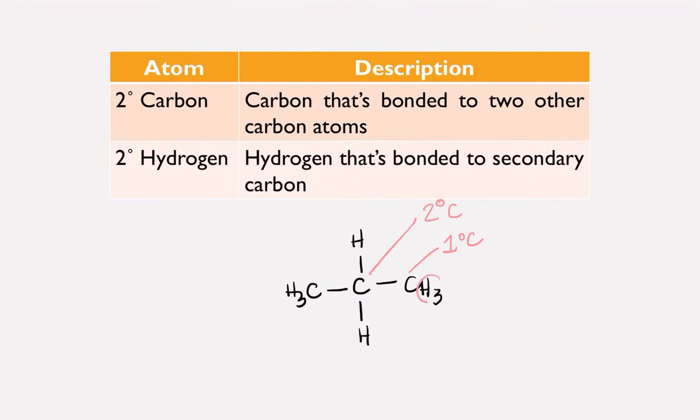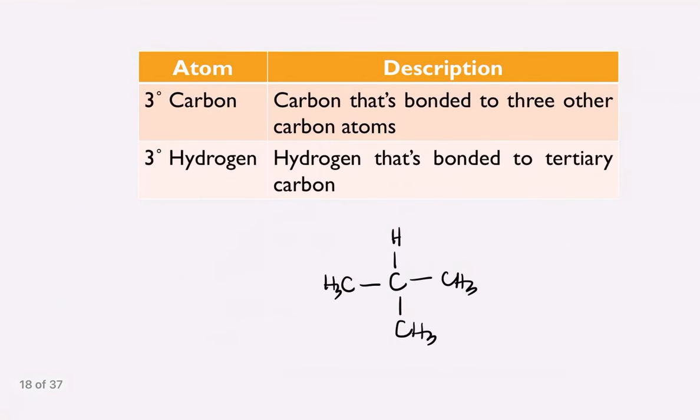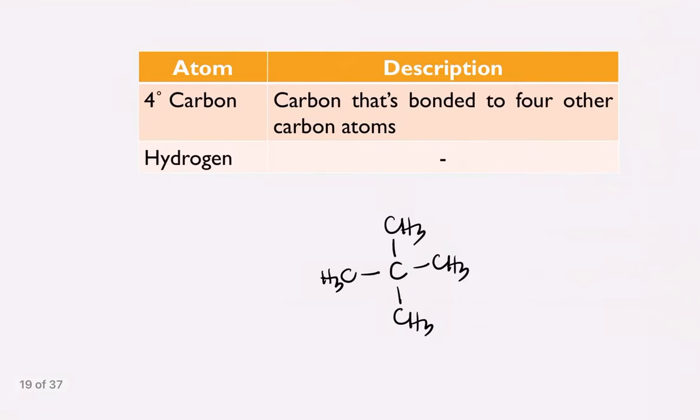So these hydrogens are primary hydrogens. How about this hydrogen here? It is attached to this secondary carbon, which means this hydrogen is a secondary hydrogen. Okay, alright, you can do the others. This one you can do yourself, think about it.